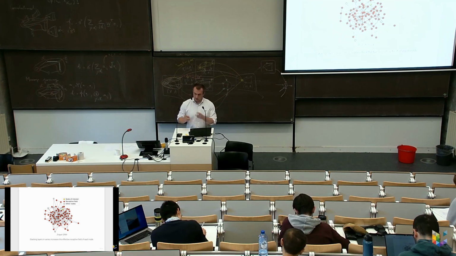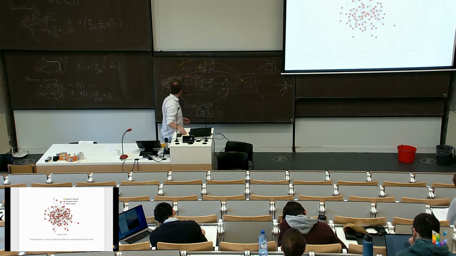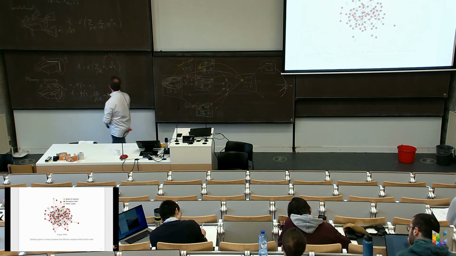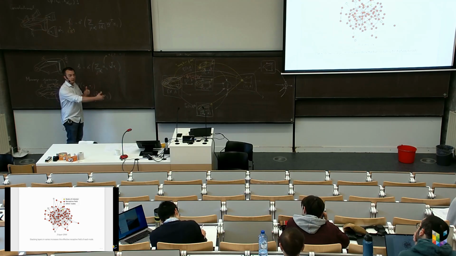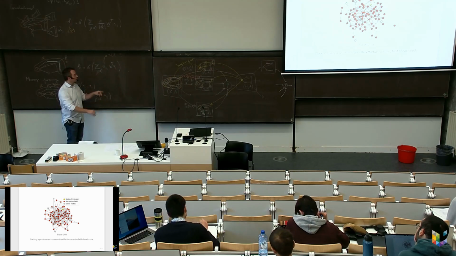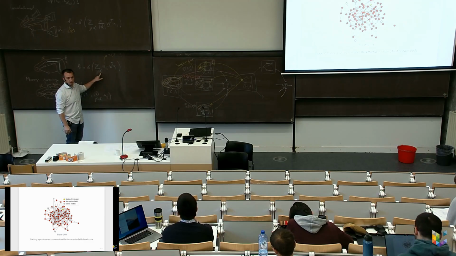But maybe it is answering someone's question from before the break. How do we define the neighborhoods? Do we define them only from the topology of the graph? That's what we do. But that's not really a limitation, because if we compose this layer in series, it's as if we were increasing the size of this set of neighbors.